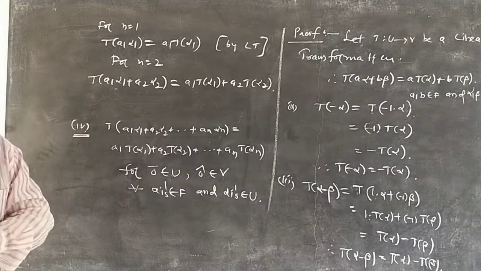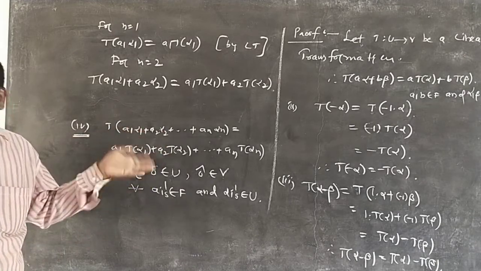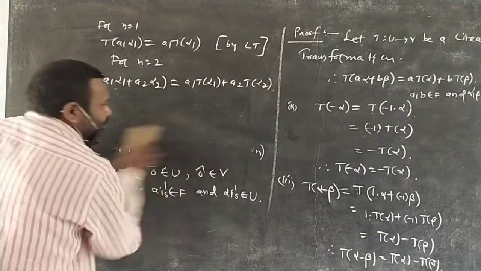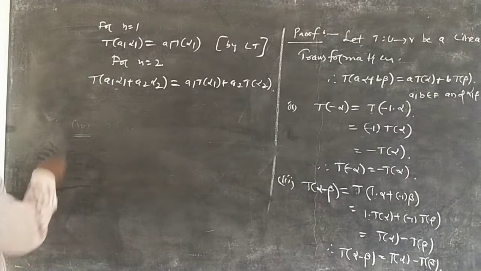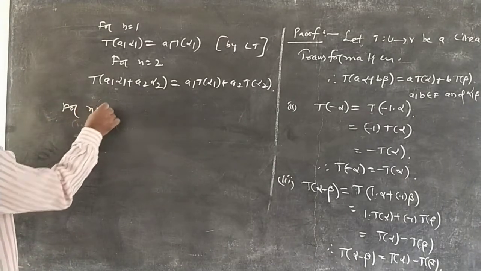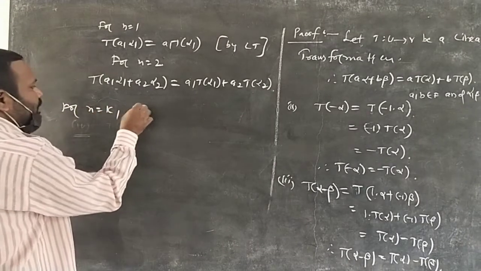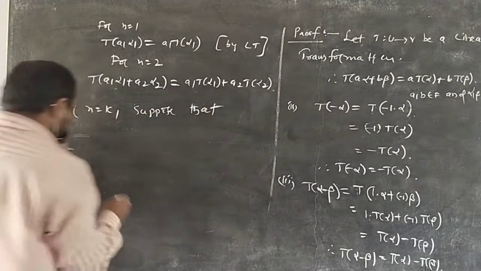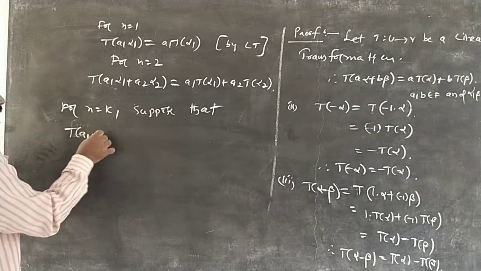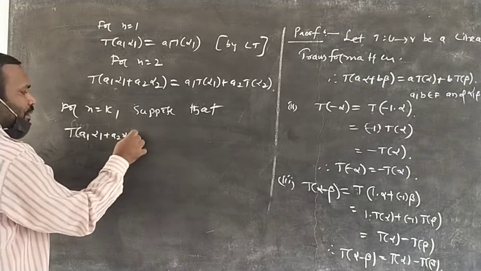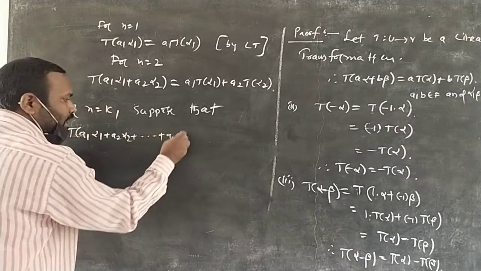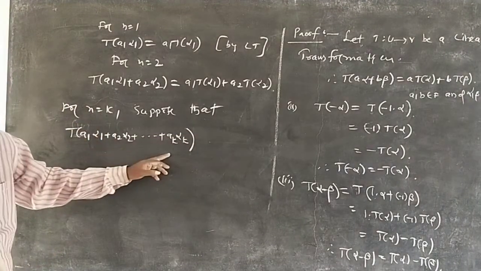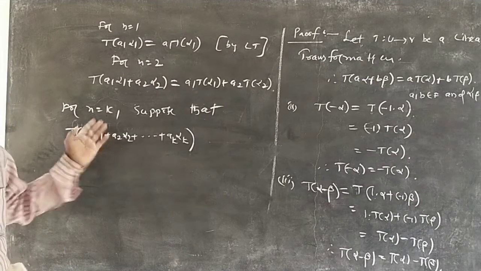For n equal to k, suppose the statement is true. Suppose that T of a1 alpha 1 plus a2 alpha 2 plus and so on plus ak alpha k, that is, for n equal to k, you take k terms, and this statement is true.